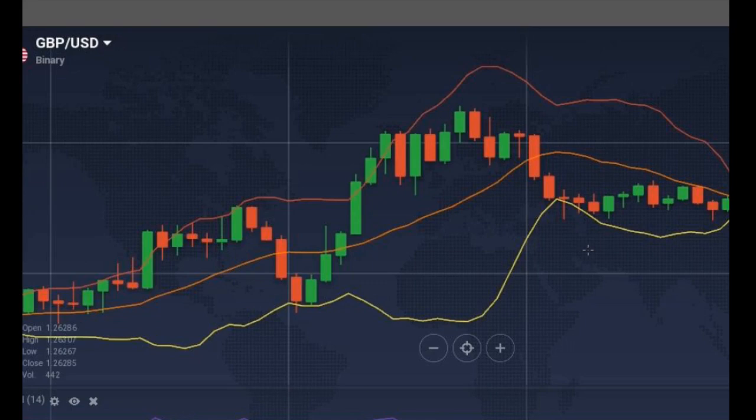And I reiterate, ensure that there is no news that can clash with your trade. Ensure that you give a 5-minute allowance before and after the news release.